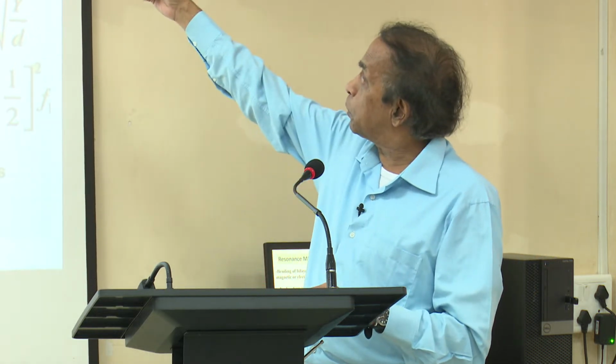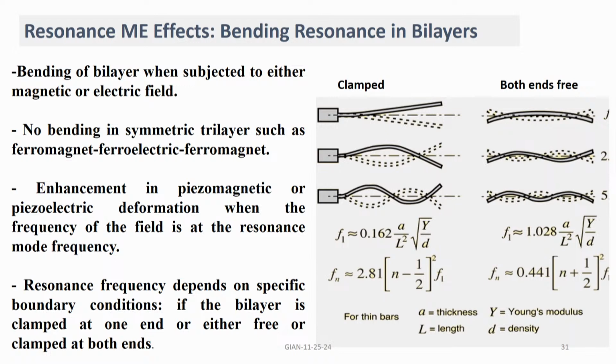That is what is shown here. If both ends are free, the standing wave will have maximum amplitude at the ends. You know the length, and you make that equal to lambda over 4 for the first mode. The next one is half wavelength plus 1 over 4, that is 3 lambda over 4, and the third one is lambda plus lambda over 4, that is 5 lambda over 4.